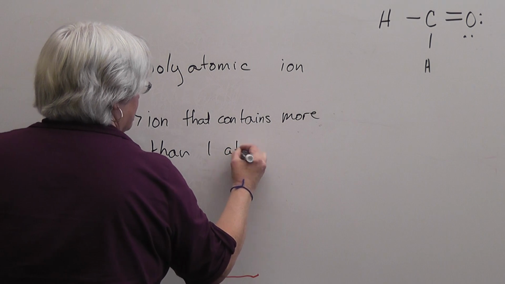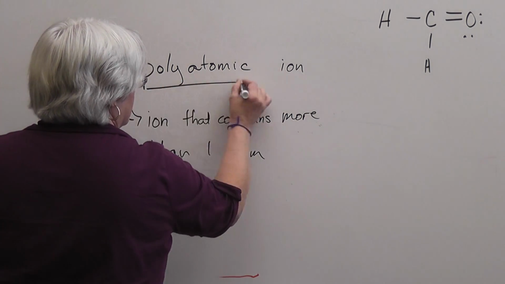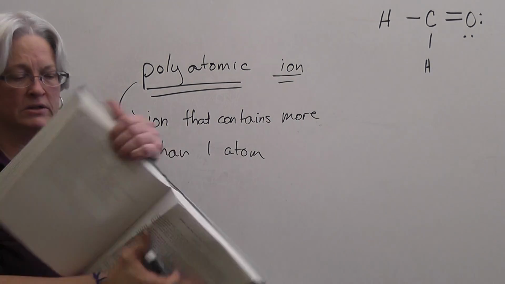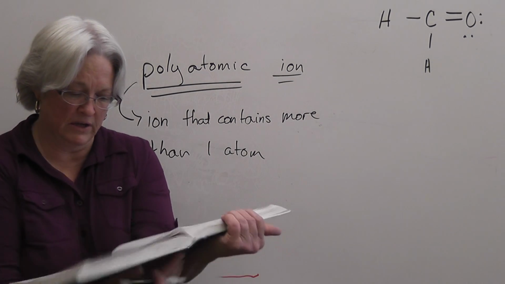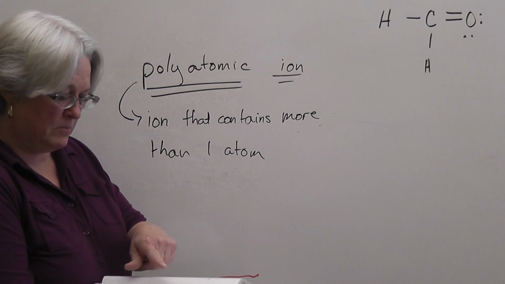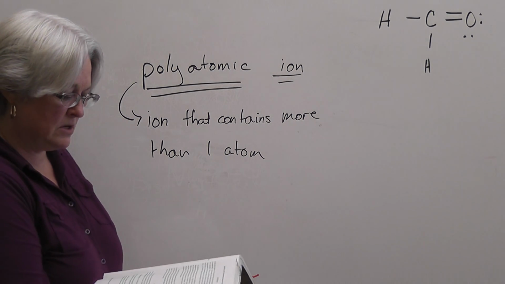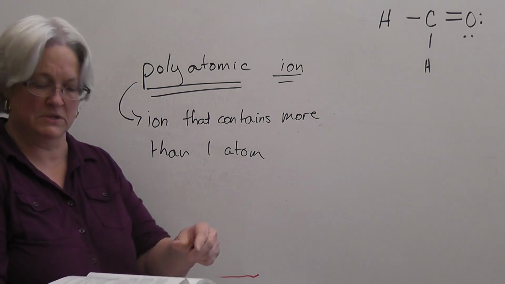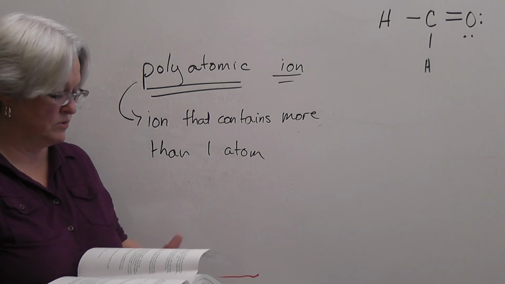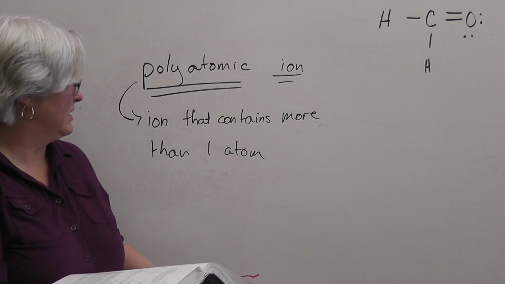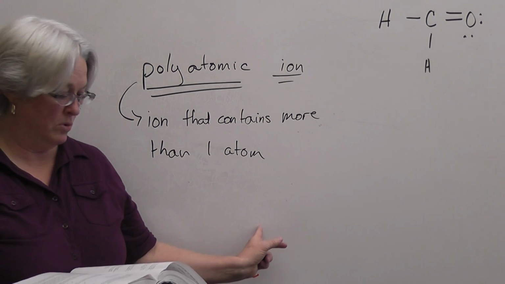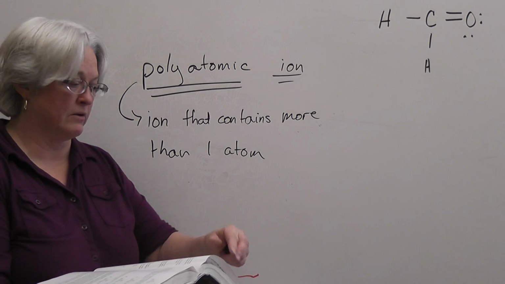More than one atom. You must know what polyatomic ions are. Now, fortunately, this here says, polyatomic ions are ions which are formed when a group of atoms gains or loses electrons. So it's any ion that contains more than one atom.